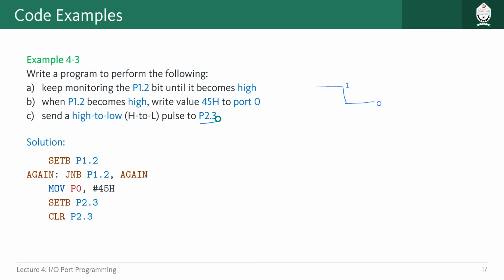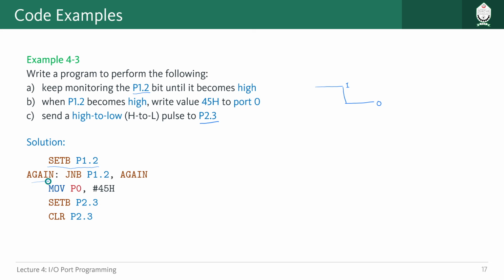So what we are going to do, first of all, because we have to monitor the behavior of port pin 1.2, that means we have to configure it as an input pin. So we are going to observe externally what signal is given to that pin. That's why we are setting this particular pin to high, so that we can configure that to input.